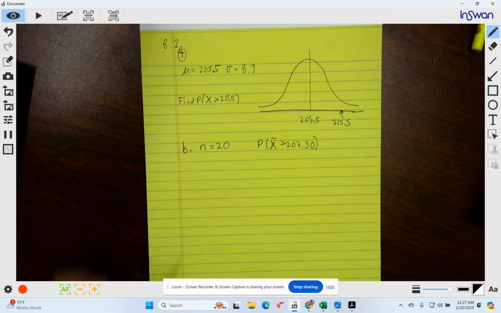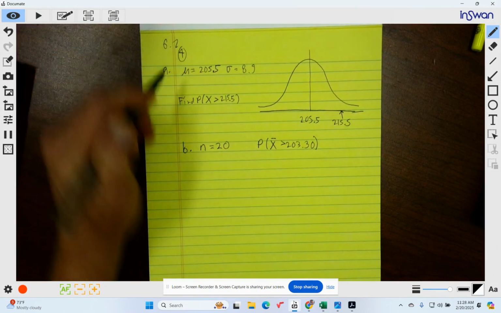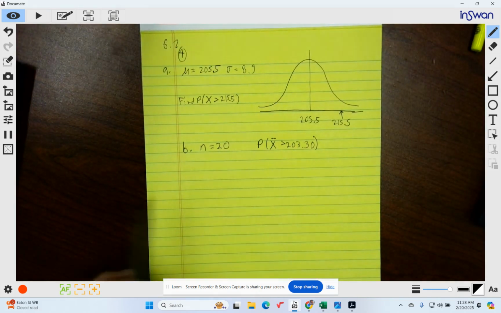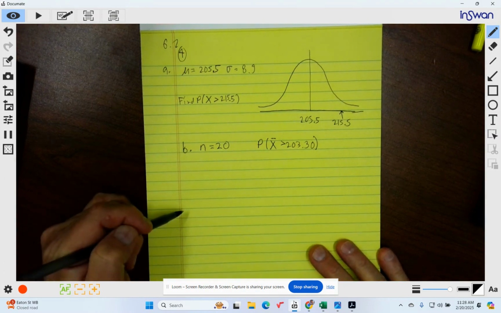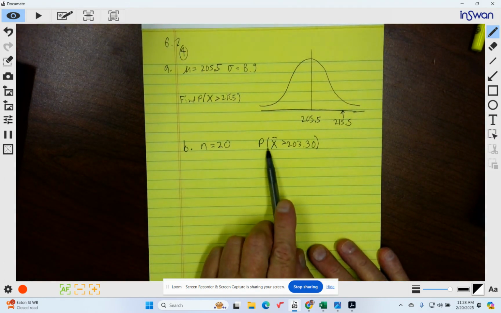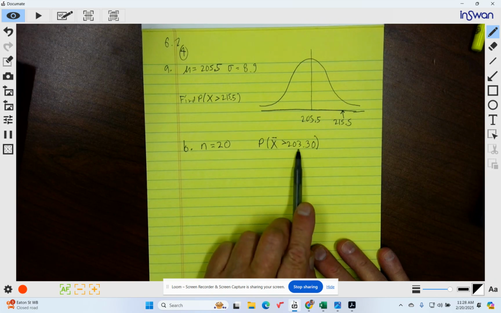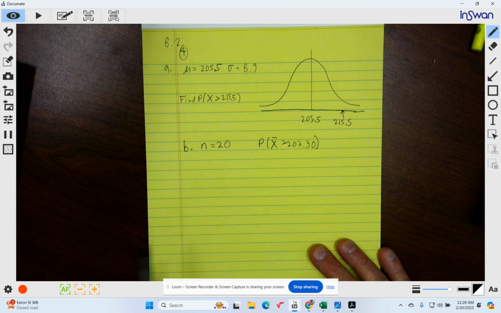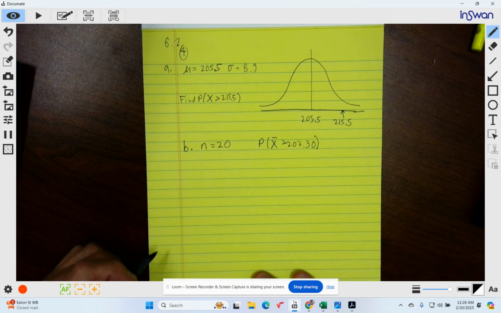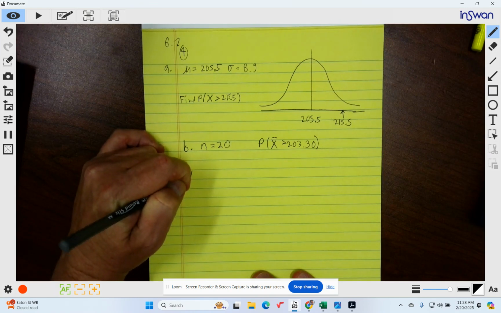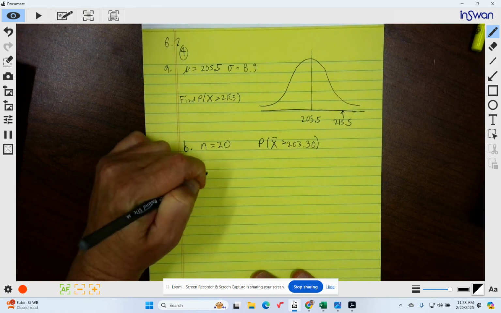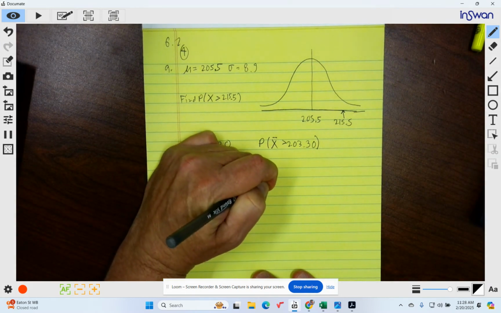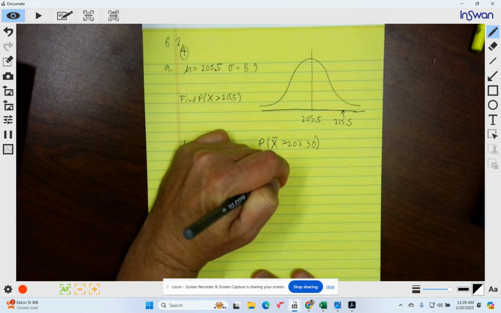In the previous example, in part A, the mean is equal to 205.5 and the standard deviation is 8.9. But now that we're finding the probability that the mean is greater than 203.30 with n equal to 20, we have to recalculate our standard deviation. In fact, our mean of x bar will remain the same. This will be 205.5.